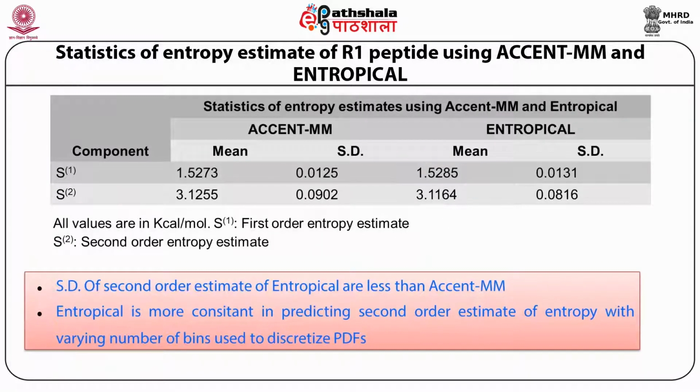The statistics of entropy I show here, and you can see these are quite accurate values, both ACCENT-MM and Entropical. Entropical is actually more consistent in predicting the second order entropy with a varying number of bins, whereas ACCENT-MM is not so reliable. The values deviate a little bit more, almost 0.1 deviation.